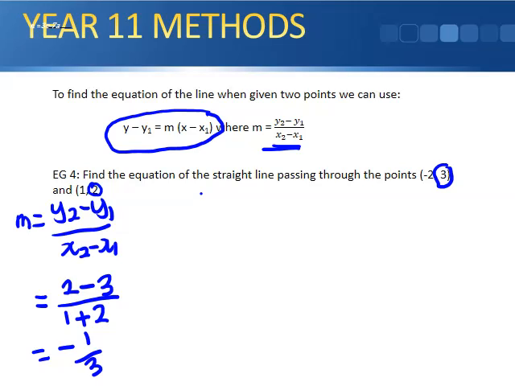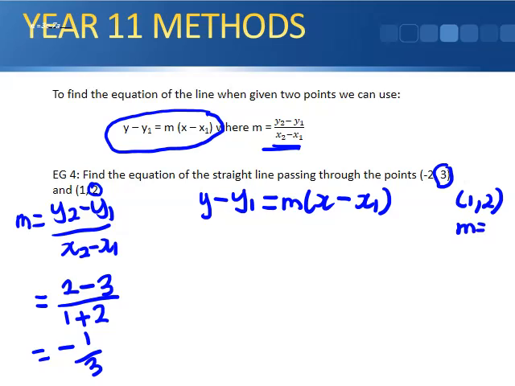Now we use that, and we can use this one here, or we can even use the other one. I'm going to use this one just to make it different for you. So y minus y1 equals m times x minus x1. Doesn't matter which point I use, I'm going to use the point (1, 2), and I know that my gradient equals -1/3. So I get y minus 2 equals -1/3 times x minus 1.